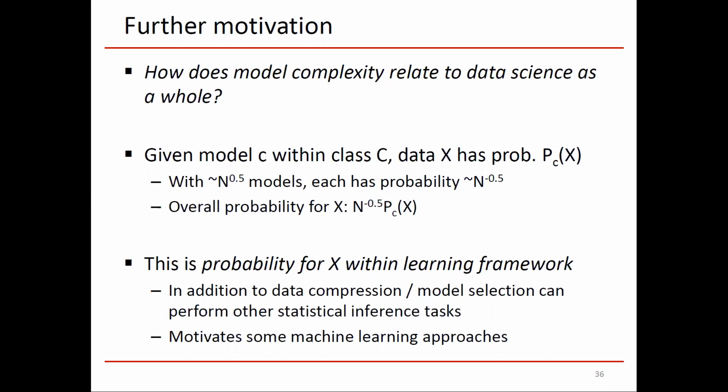Okay, so it's not just data compression, it's not just finding the best model, it also could be find the best model, then use it for classification or clustering or you name it. So what I'm trying to say is that we want to understand more about machine learning approaches and how they may relate to the complexity.